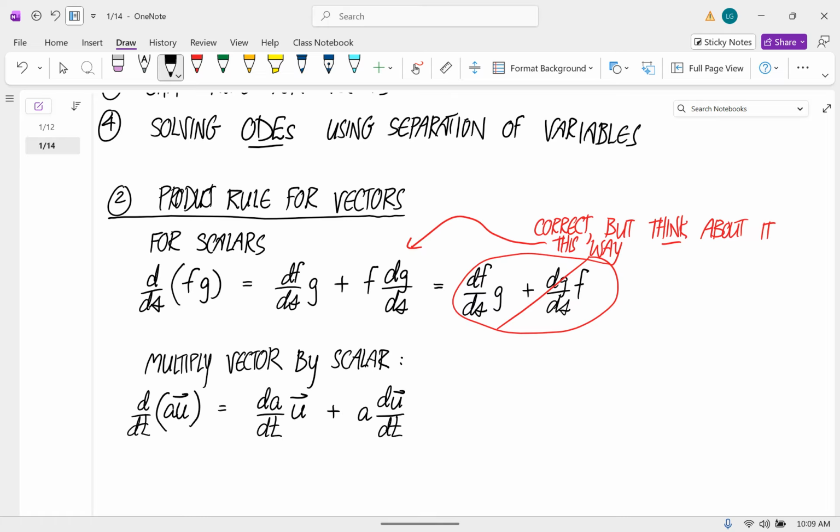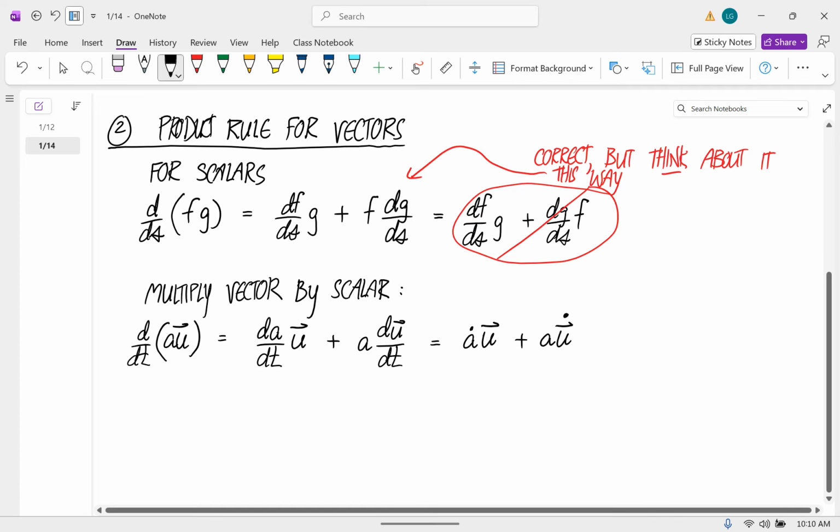And because of the definition of the dot derivative operator, we can write this as a dot times the vector u plus a times the vector u dot. For the rest of them, I'm just going to keep using the dot because it's more compact. But remember that definition of the dot operator.